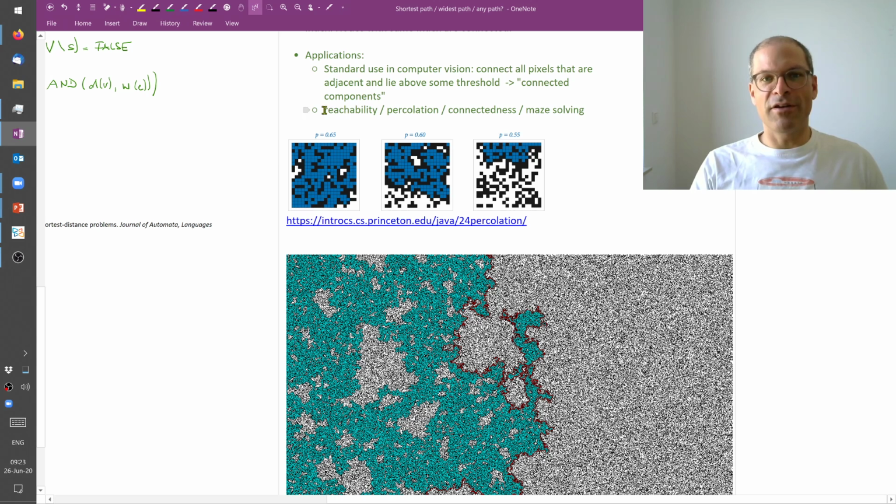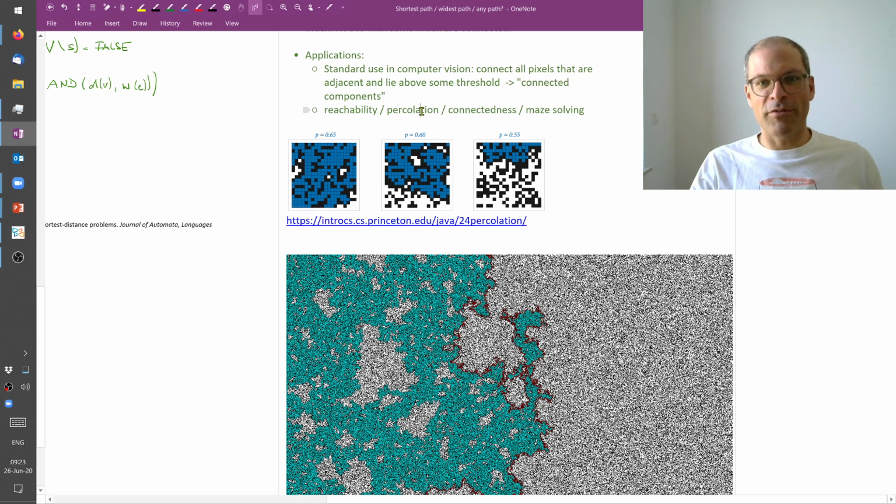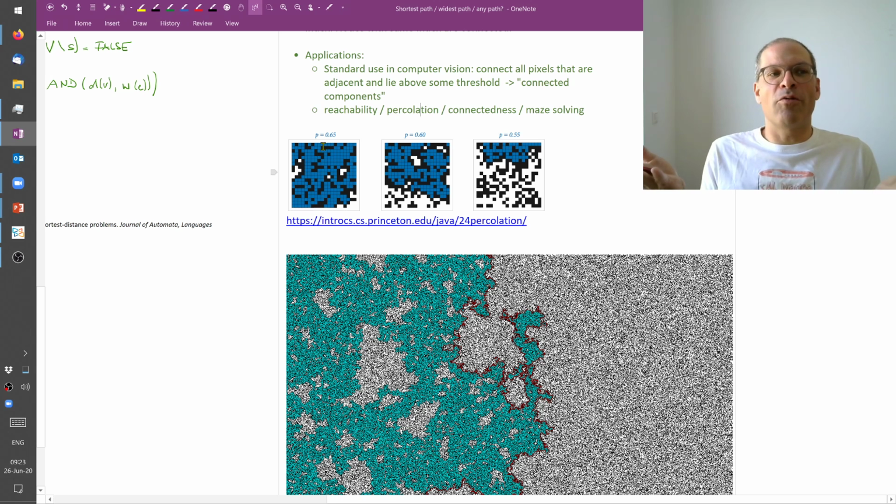Or it can be used to solve problems which can be called reachability in networks or percolation. So percolation is the question: let's say we have a solid, we fill in water from the top, as you can see here. And then the question is, will water seep out at the bottom, yes or no?